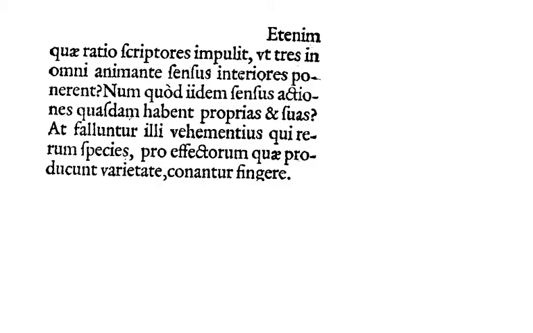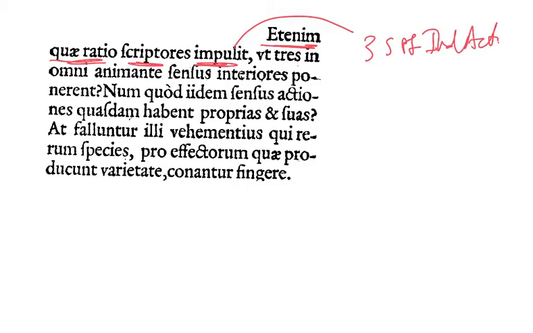Now Perkins says, indeed, what reason compelled — impulit here is third singular perfect, indicative, and active. What reason compelled writers to do something? Ut ponerent. And notice here that ponerent is in the imperfect subjunctive, following what is known as the sequence of tenses.